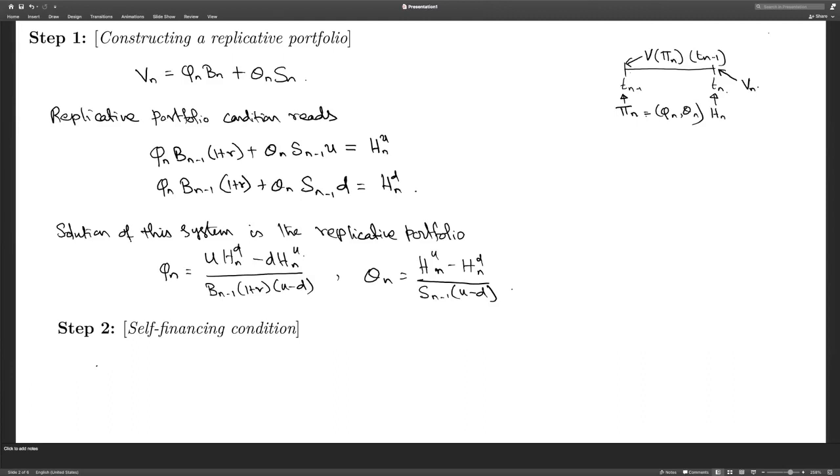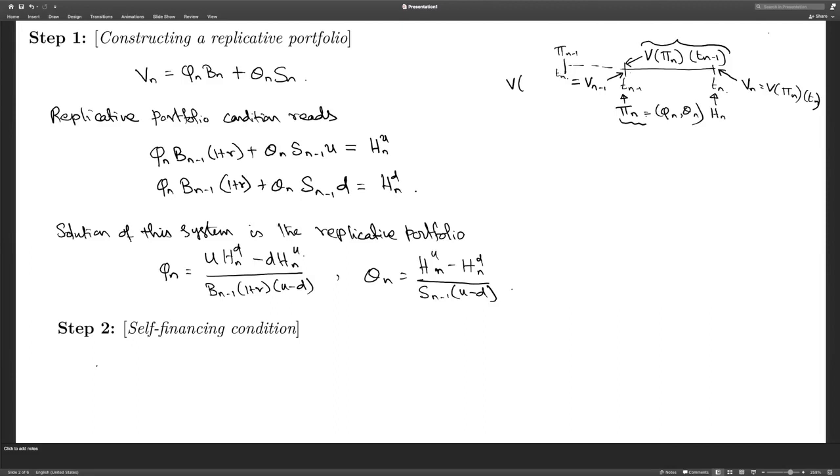Remember, this is different from the value of the portfolio, which is defined as V of pi_n at Tn, right? So this is the amount that you spend in order to own this portfolio. This should be equal to V_{n-1}. What is V_{n-1}? V_{n-1} is the value of the previous time step portfolio, pi_{n-1}.